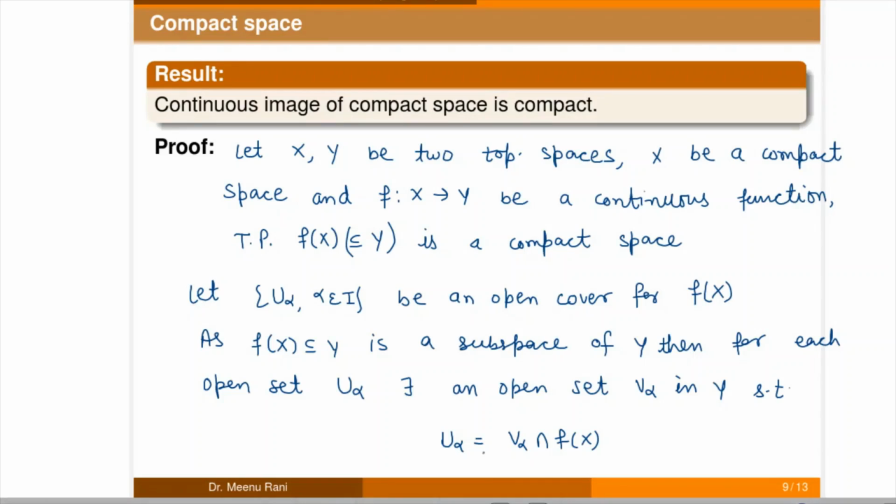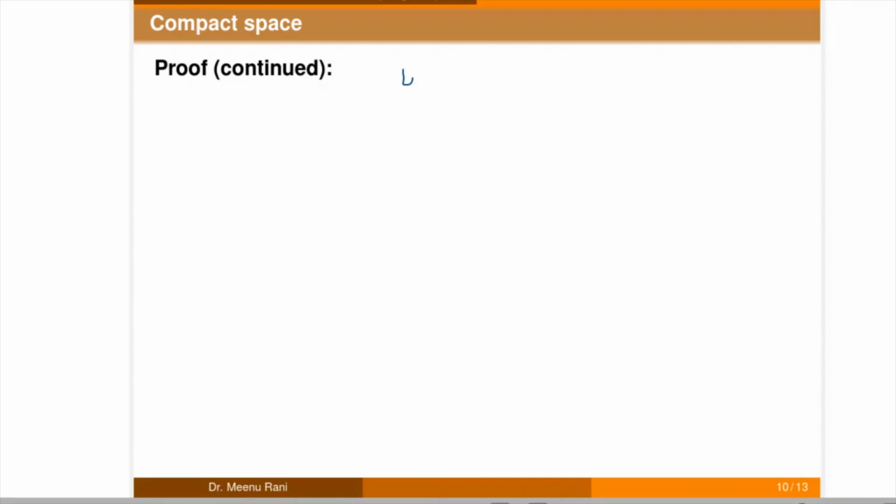So u alpha is equal to the intersection of v alpha and f of x. Now from this intersection we can say that u alpha is contained in v alpha.